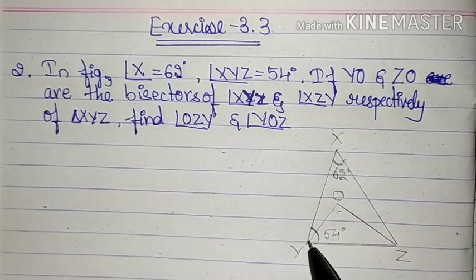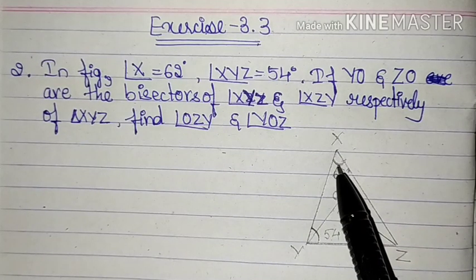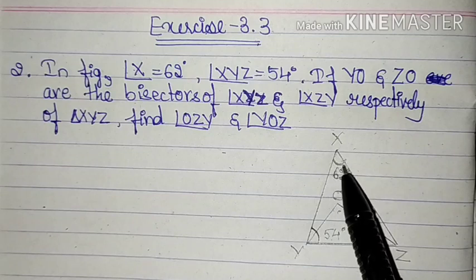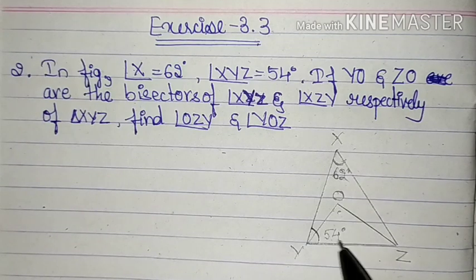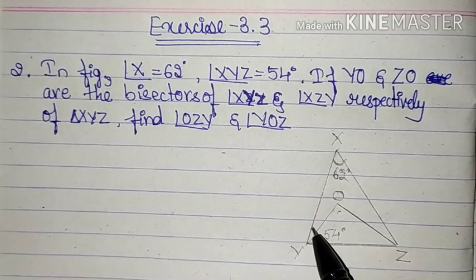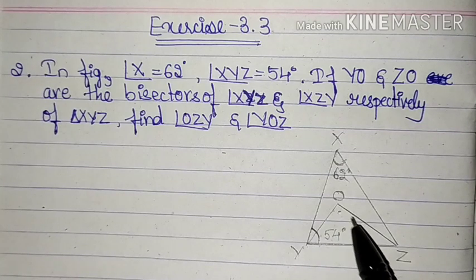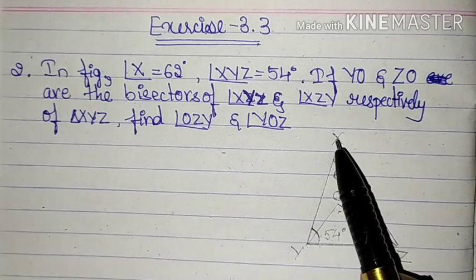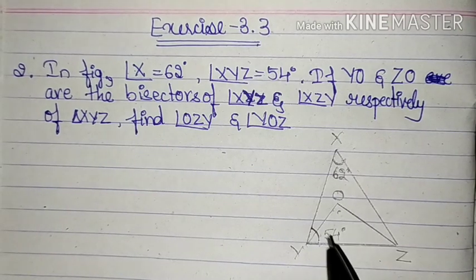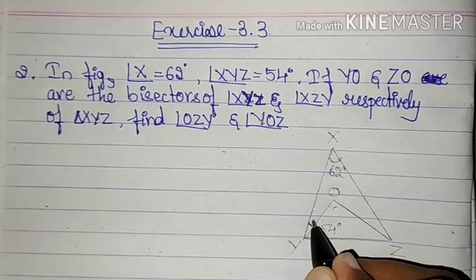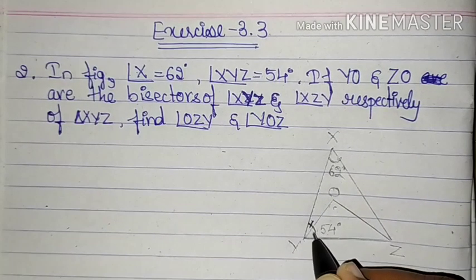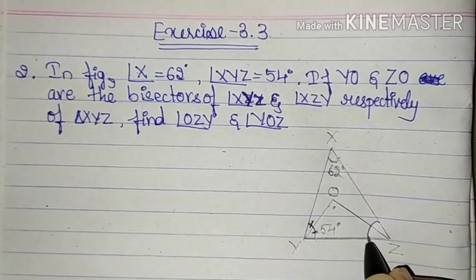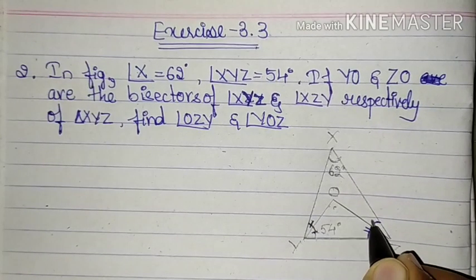They have given you a triangle XYZ in which angle X is equal to 62 degrees. Angle XYZ, this whole angle, is equal to 54 degrees. If YO and ZO are the bisectors of angle XYZ and XZY respectively, YO and ZO bisect these angles into two equal parts, so they are called angle bisectors.